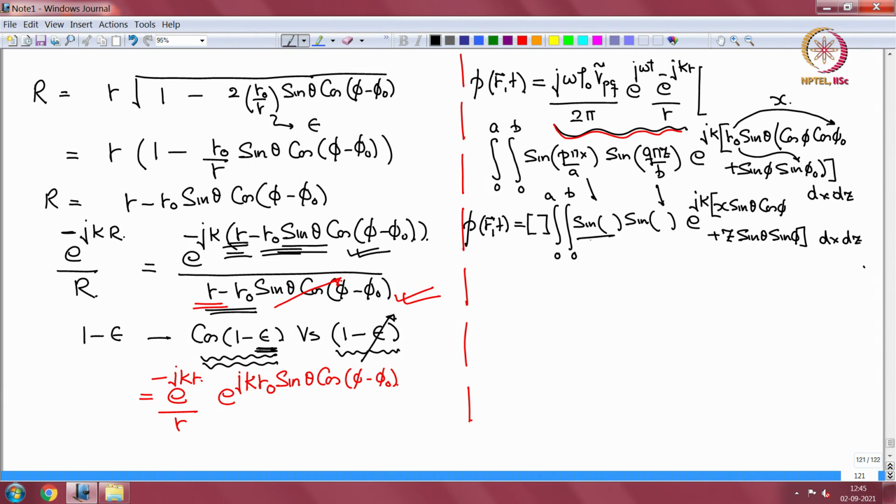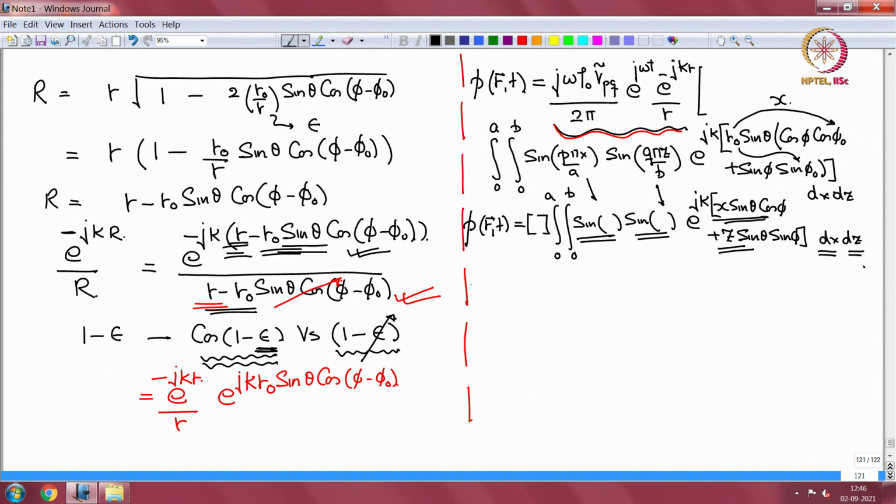This has x only, you have dx. This has z only, here you have dz, okay. So you can use the product rule and integrate them separately, okay. So what is the final result?